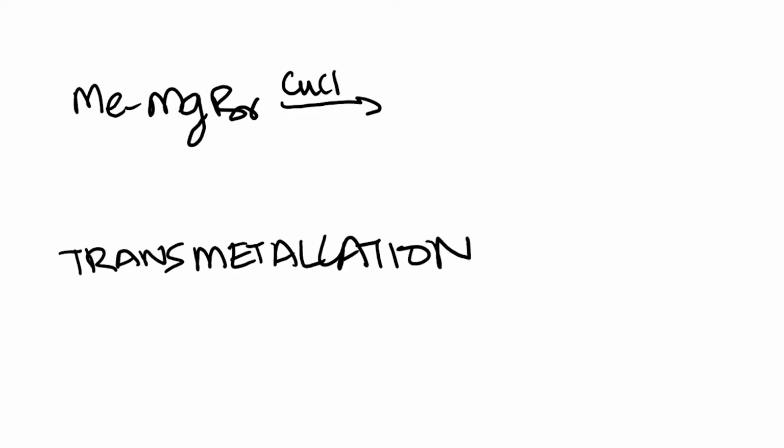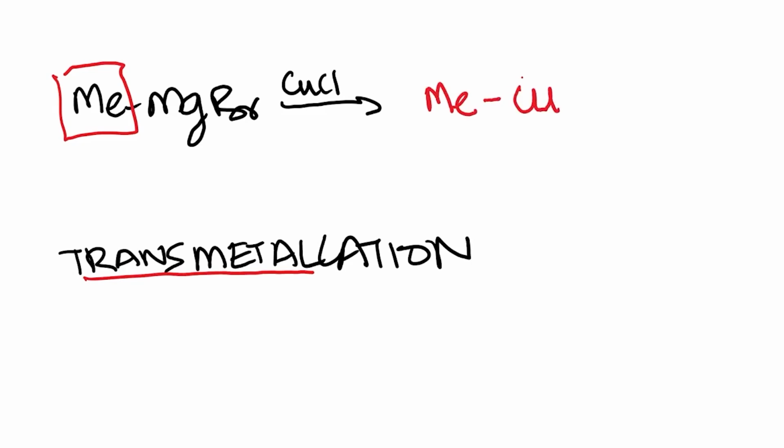Okay, so what this is basically, it just changes the metal. So methyl, which used to be bound to magnesium bromide, now forms a methyl copper intermediate. Okay, and I'm going to put this in quotes because we are not completely certain of the exact nature of this molecule, but we know that there is going to be a copper species involved. Very shortly I'll explain to you why that is.